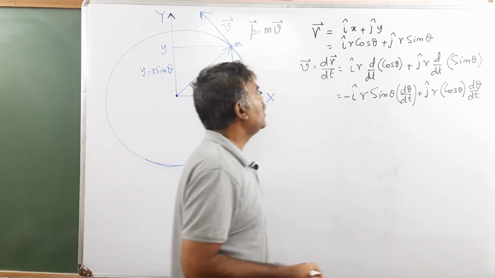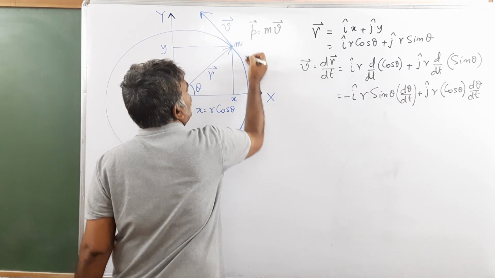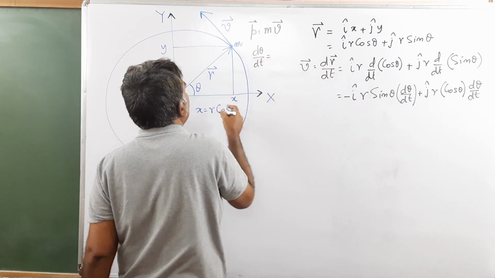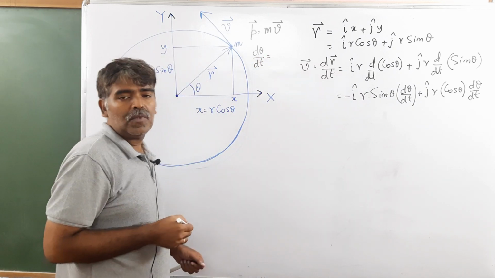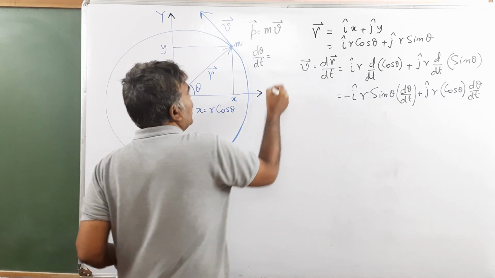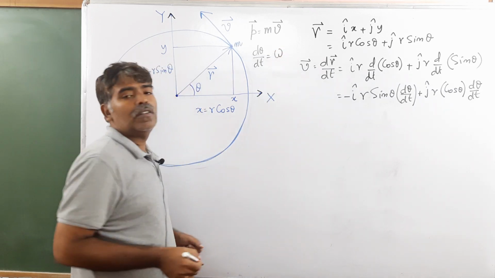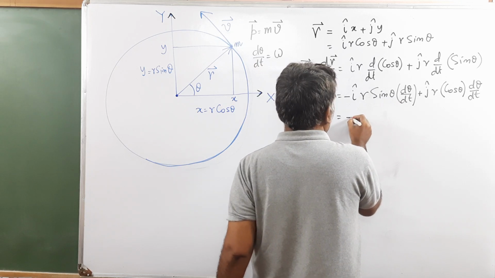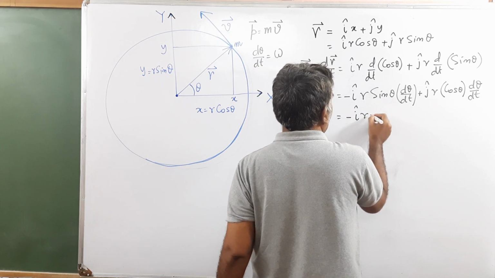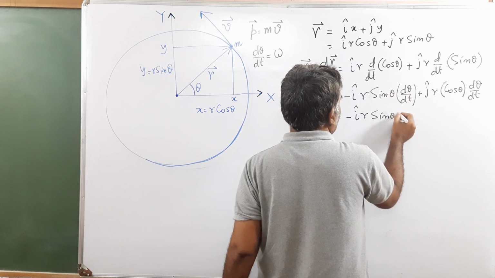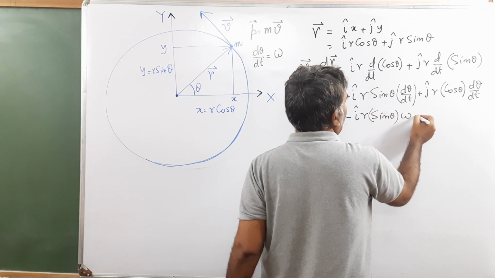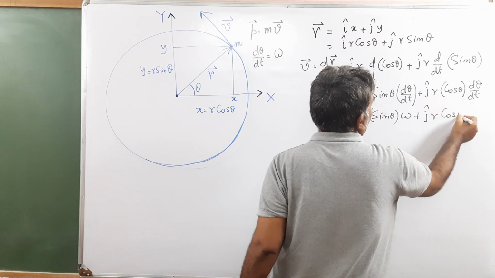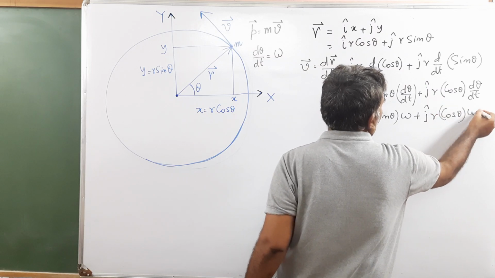Now, what is d theta/dt? d theta/dt is basically change of the angle. So, that's the uniform circular motion, that's the angular velocity, right? Now, if you plug it in here, then minus i cap r sin theta times omega plus j cap r cos theta times omega.